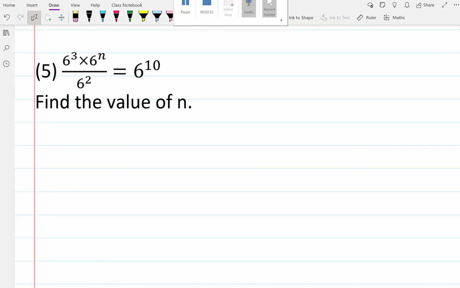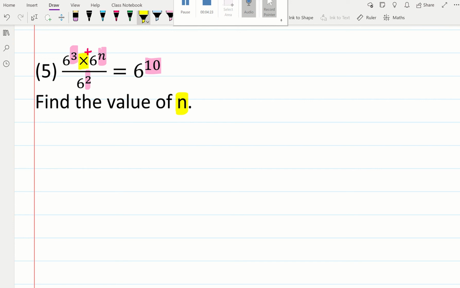This is quite a common question. It gives you one of those fractions, but one of the powers is missing, and it says find the value of n. Now, all these powers are connected. So if I highlight all the powers, the 3, the n, the 2, and the 10, they are all connected. First thing I need to do is add those powers.